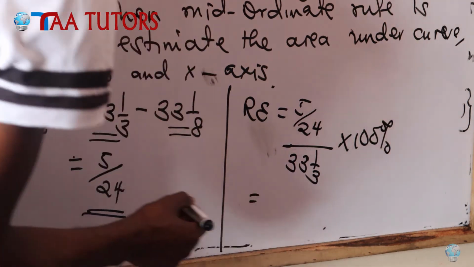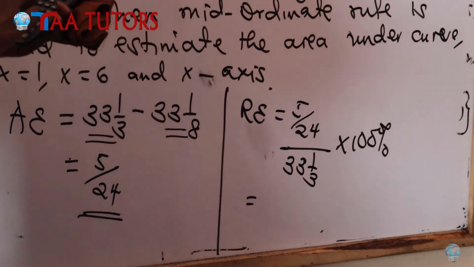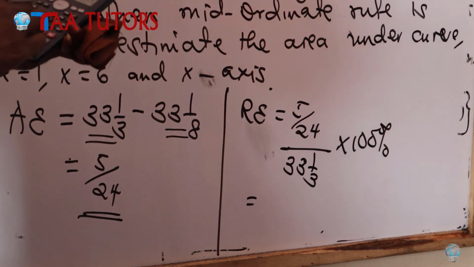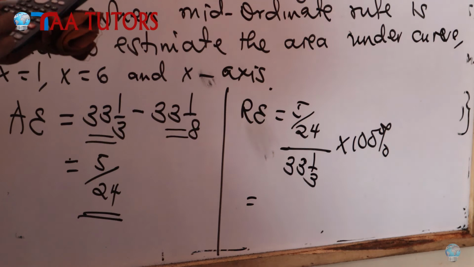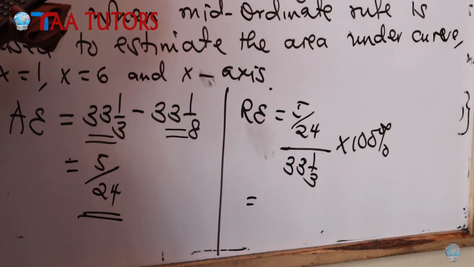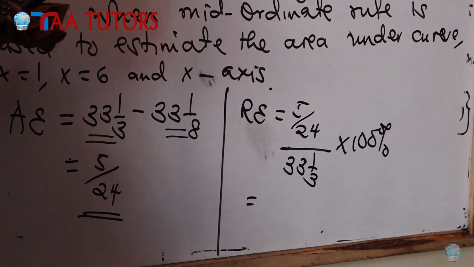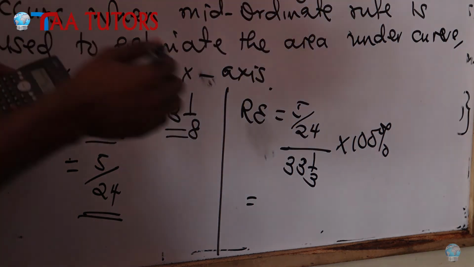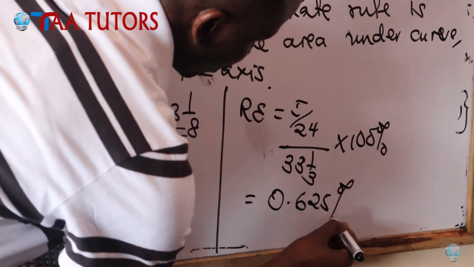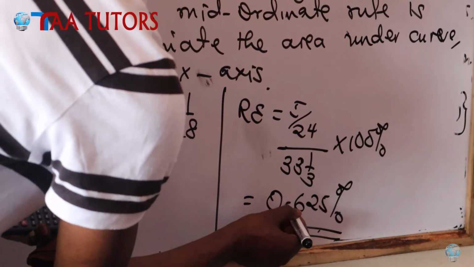So this will be 5 over 24 divided by 33 and a third, times 100%. We get 0.625%.